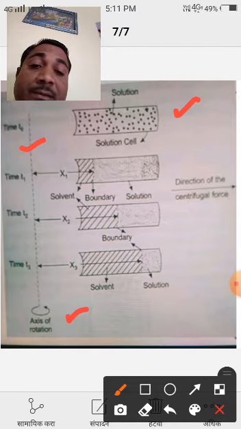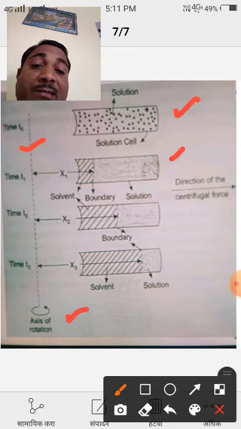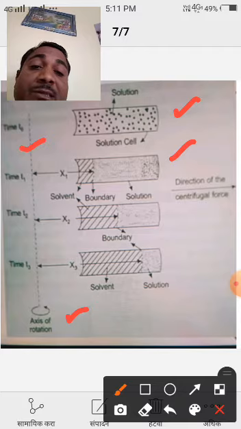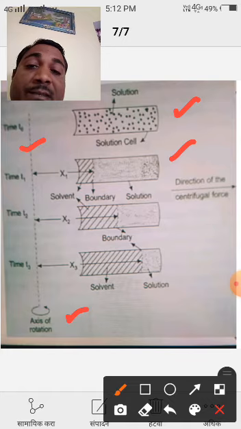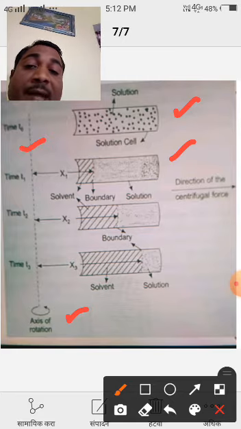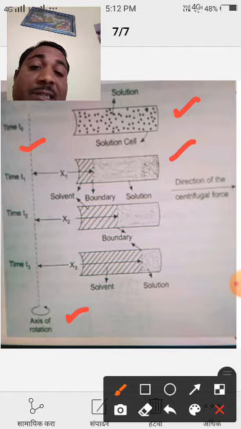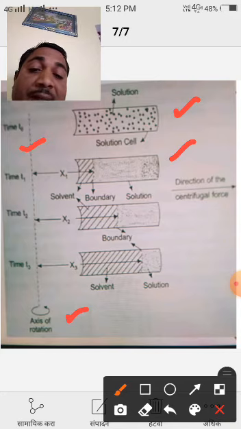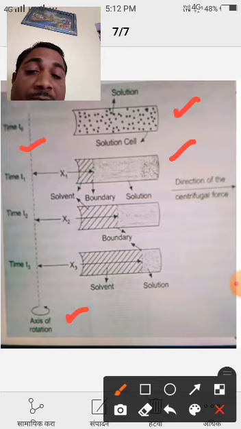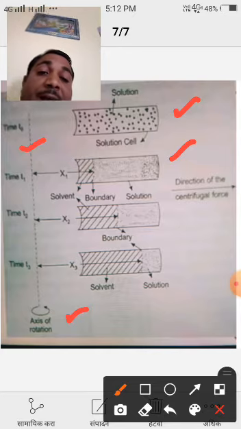A boundary is formed between the solvent and solution. Let x1 be the distance from the axis of rotation to the boundary at time t1, x2 the distance of the boundary from the axis of rotation at time t2, and x3 the distance at time t3.